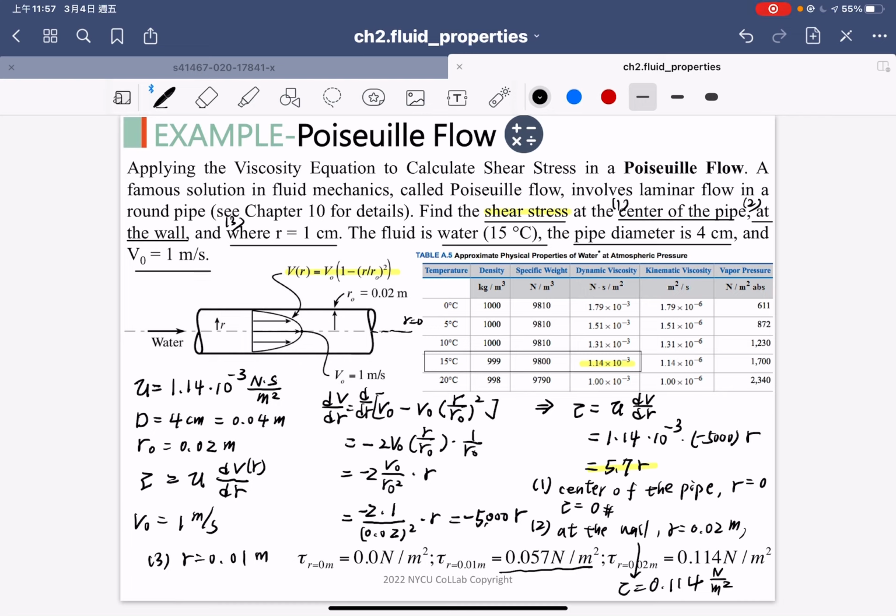Because we are at different locations in space, and the different velocity profile at a different location will have a different velocity gradient. Okay, so it's a very important exercise. It's based on the velocity profile the example provides, and we can compute the shear stress at any location.